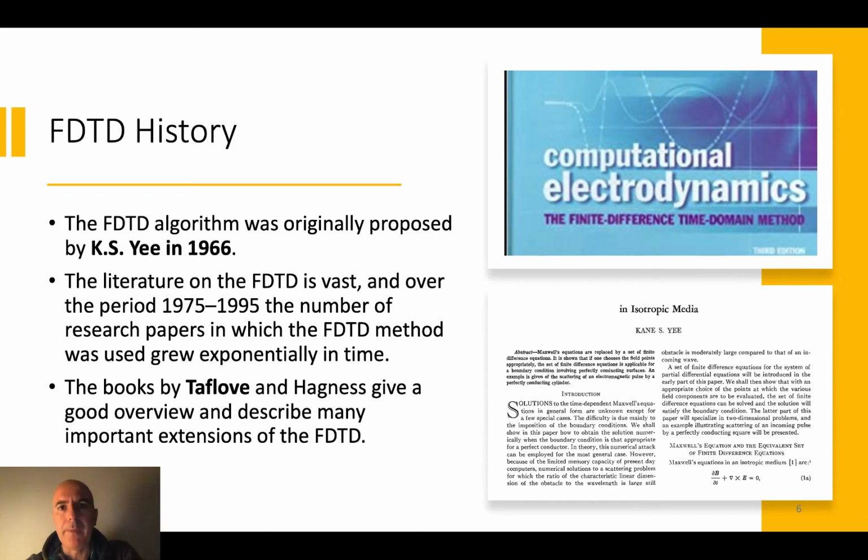So the number of papers grew exponentially in time. A very famous book that you might want to consult about finite difference time domain is the book by Taflove and Hagness, which gives a good overview and describes many important extensions of the finite difference time domain numerical technique.